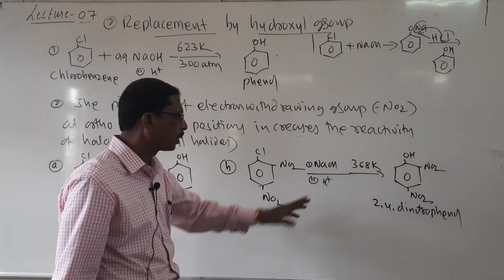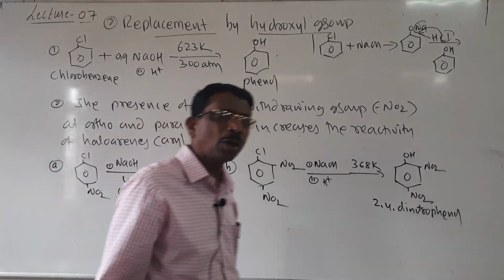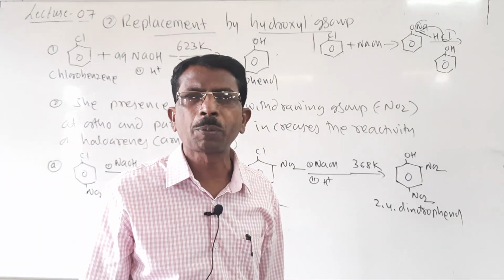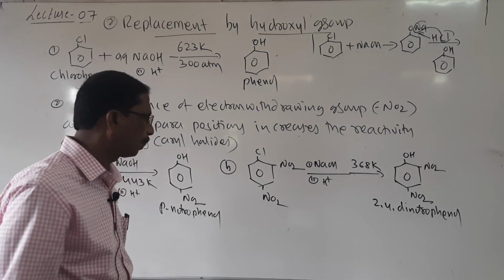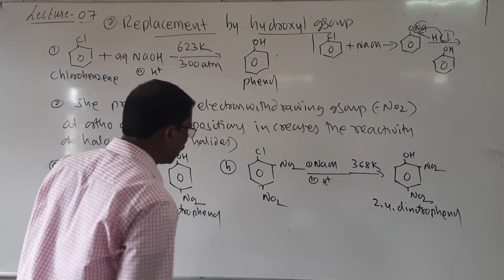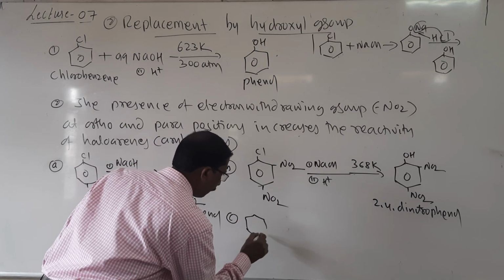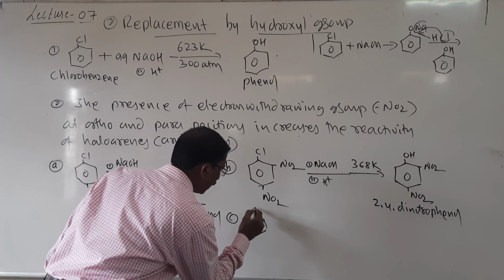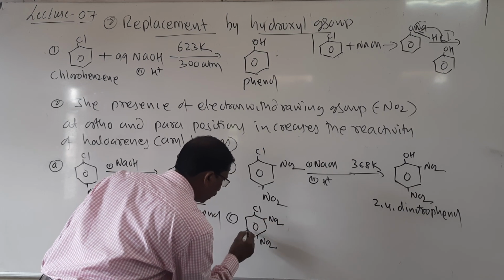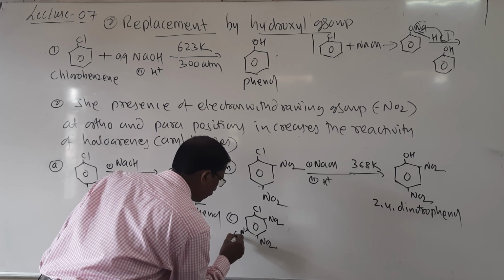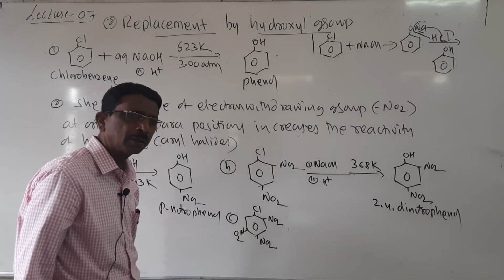And if three electron withdrawing groups are present, then what happens? I will write here: Cl, NO2, NO2, NO2, at positions 2, 4, 6.